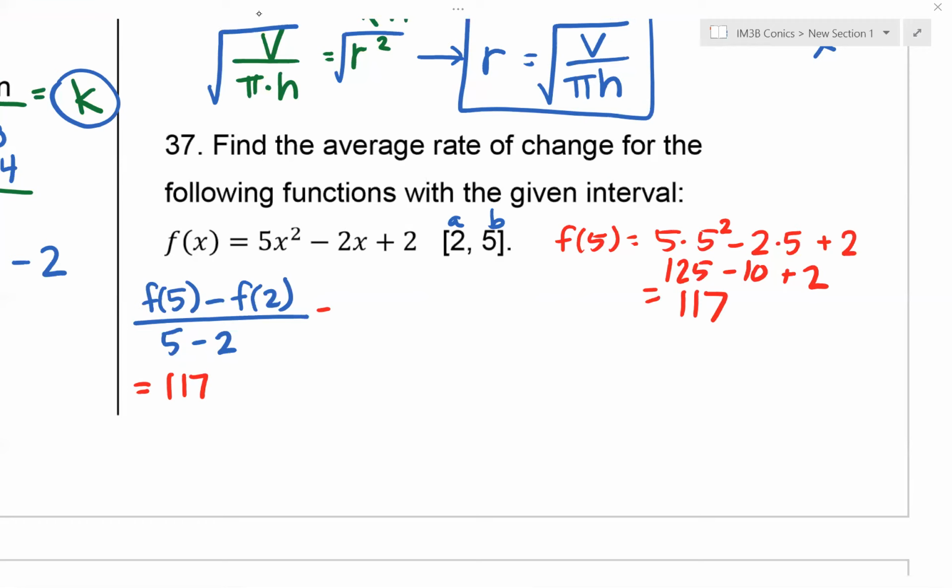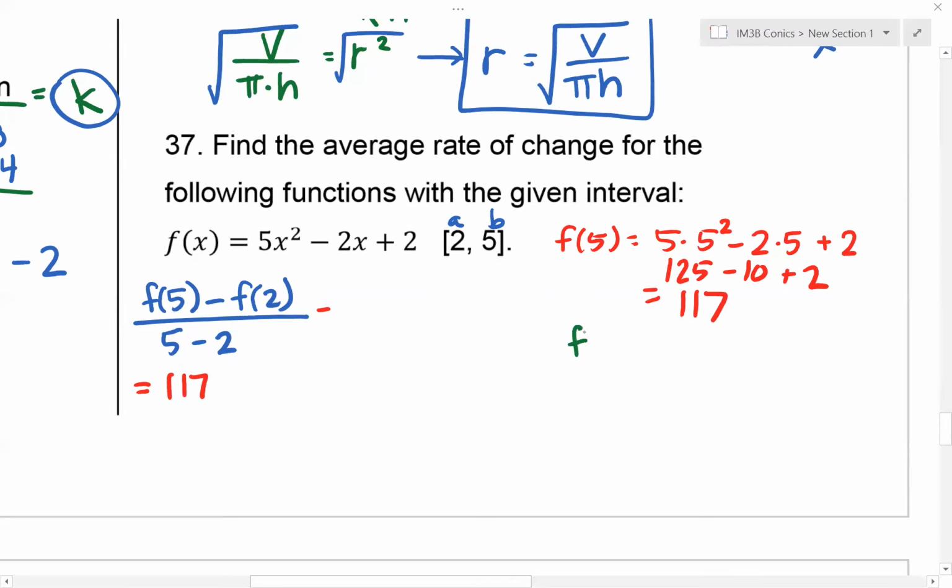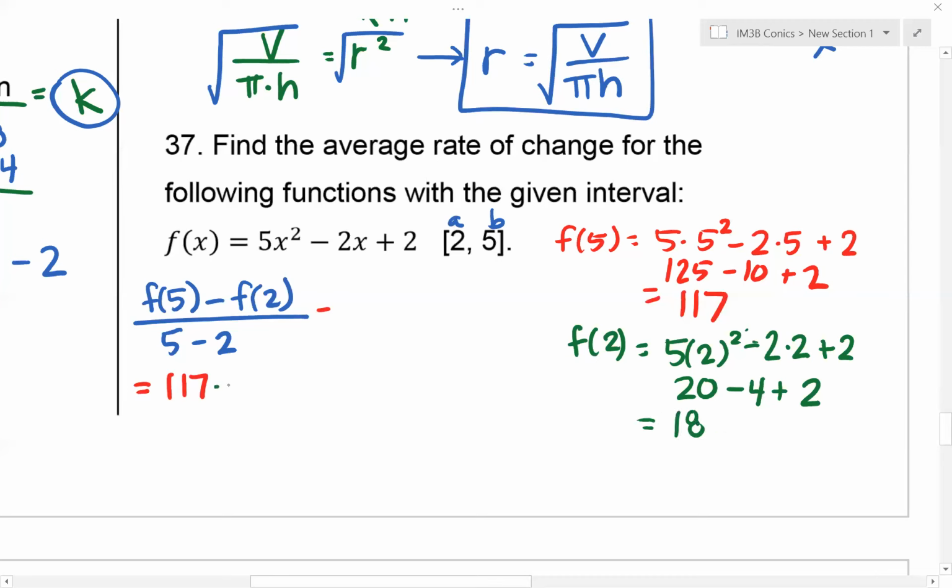And then if we plug in 2 to the equation for f, it is 5 times 2 squared minus 2 times 2 plus 2. So 2 squared is 4. 5 times 4 is 20. So 20 minus 4 plus 2 is going to give us 18.